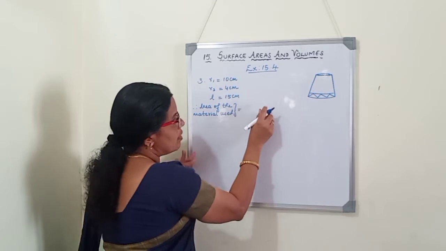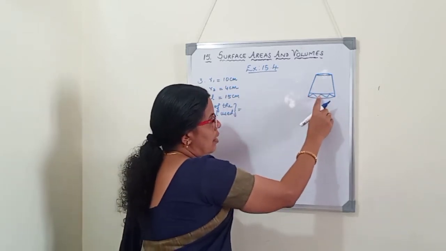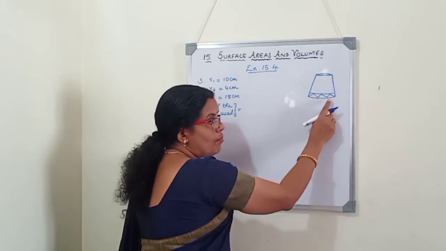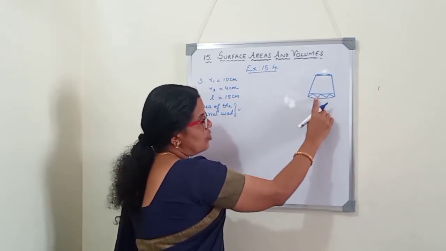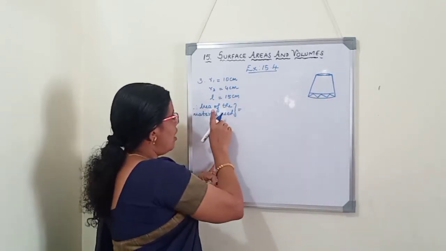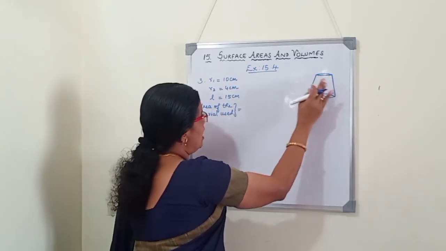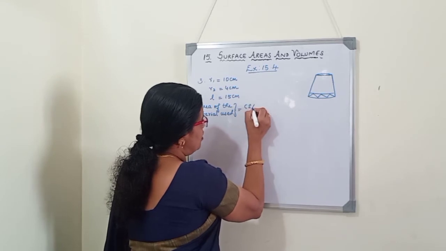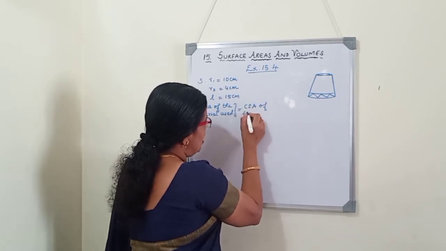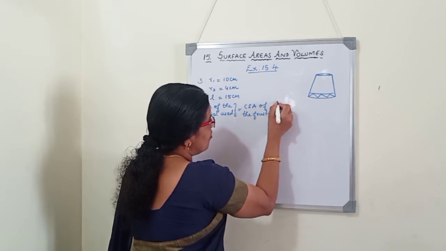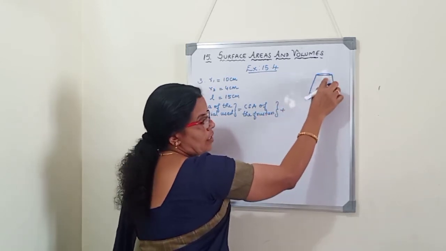So here to make this cap, this part is covered. Top part of the cap is covered. Down part is open. We want to keep it on the head. So that part is open. So to find the area of the material used, we will use the cloth for CSA. So CSA of the frustum plus area of the top circular surface.